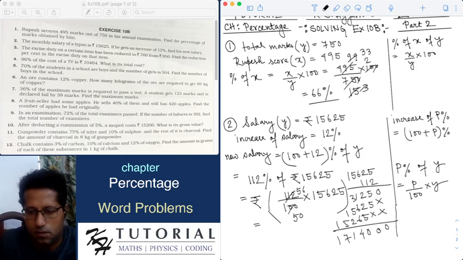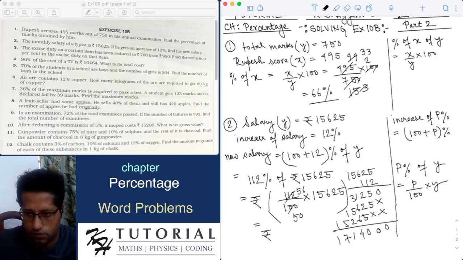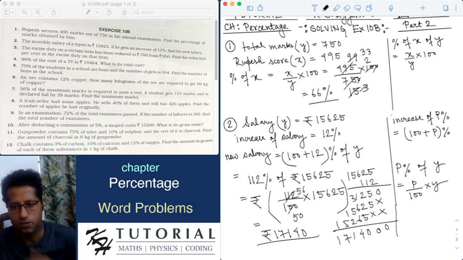So this is rupees 112 multiplied by 15625 is 1714000, and then we have the denominator 100, so it is 17140. So this is the new salary.